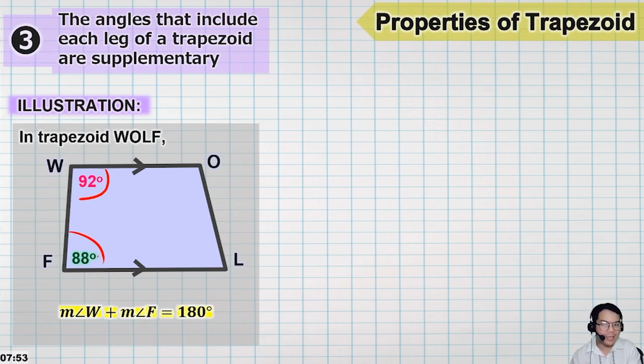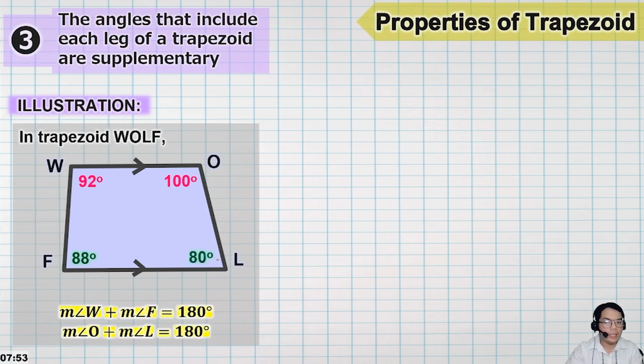Specifically, itong pair lang. Kasi yung isa pang pair will be angle O at itong si angle L. Sila naman yung isa pang pair ng supplementary. So for example, yan, the measurement of angle O is 100, angle L is gonna be measuring 80 degrees.